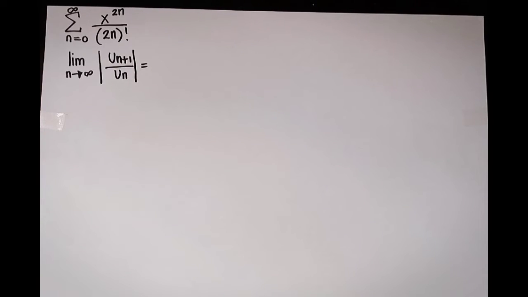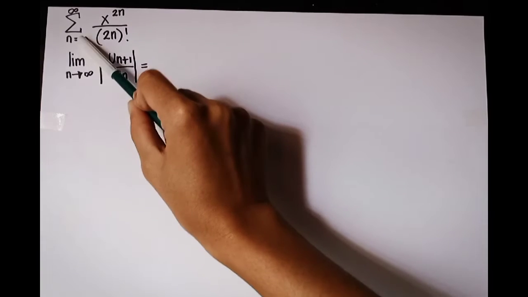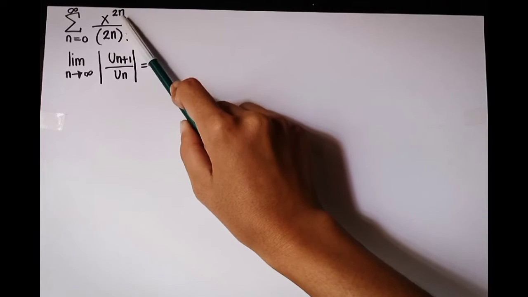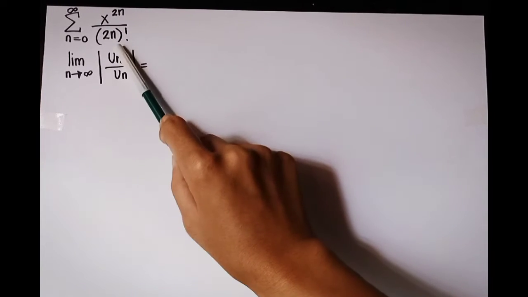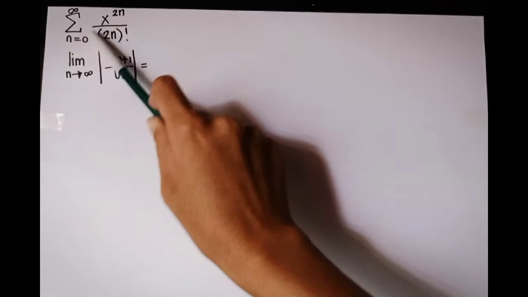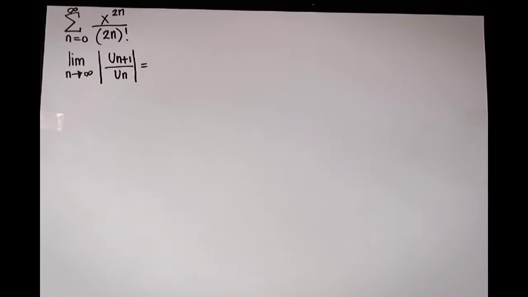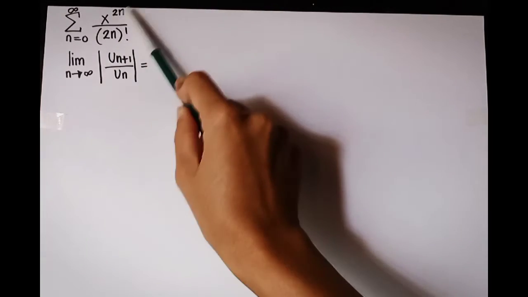Now if we have the series of x raised to 2n over 2n factorial, as n equals 0 goes to infinity, then we will find the radius of convergence with this form.